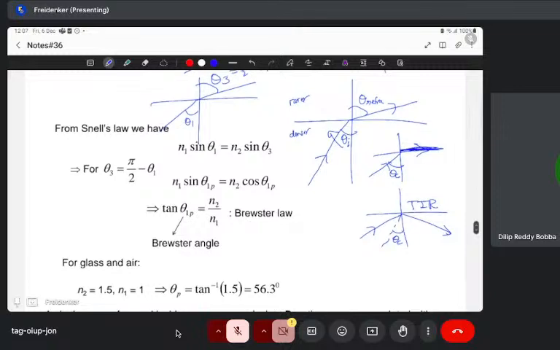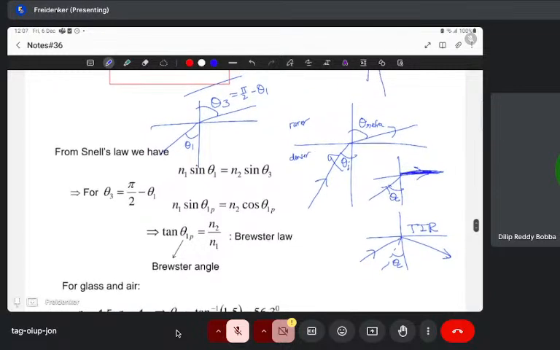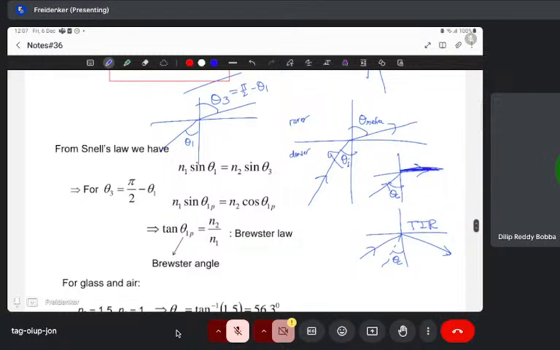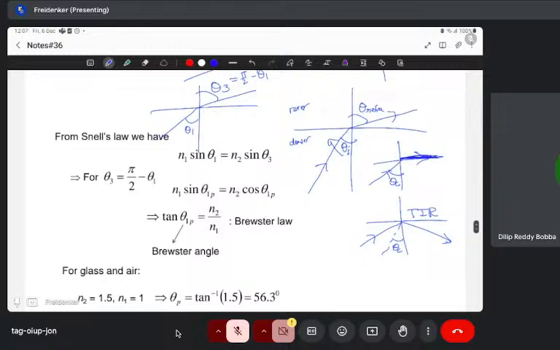What does it even talk about? I think maybe there is some property. If theta 3 is equal to pi by 2 minus theta 1, something special happens. What is it? So sine of pi by 2 minus theta 1 is cos of theta 1. Fine. So theta is nothing but tan inverse n2 by n1. But what is happening?